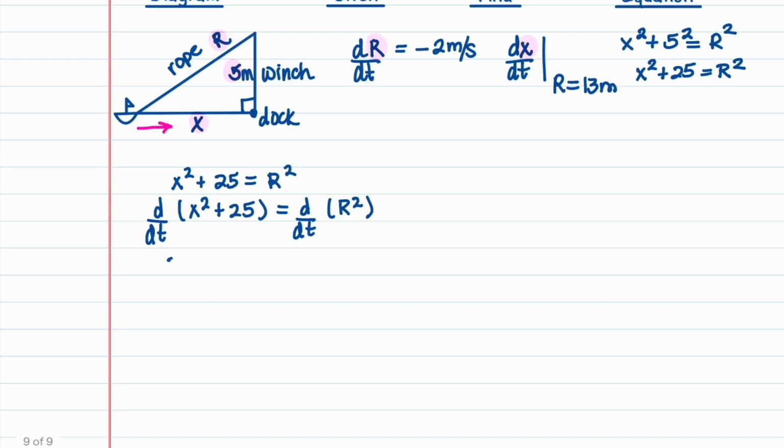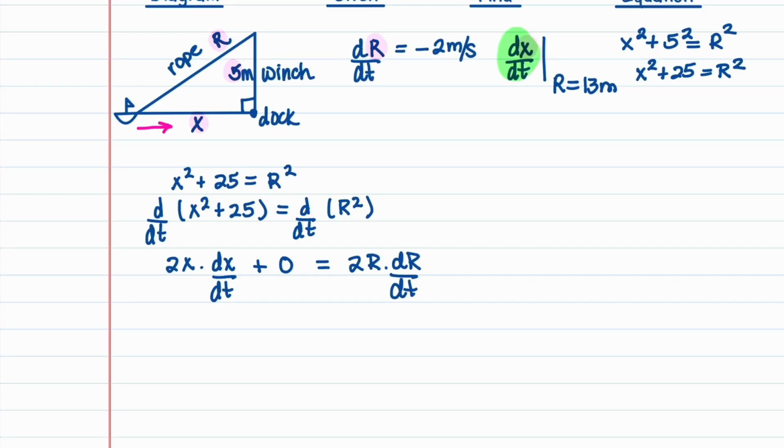So this derivative is 2x times dx/dt plus the derivative of our constant, which is 0. And then on the right-hand side, we have 2R times dr/dt.